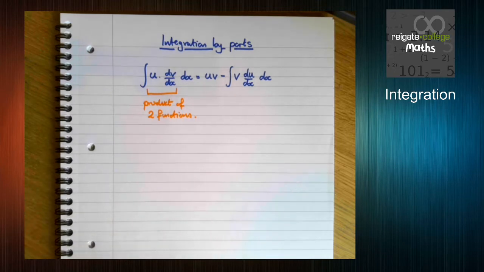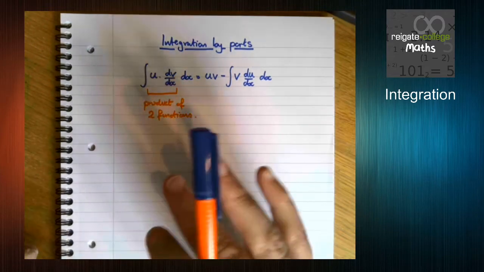Maybe it's that there's two polynomial functions, one that differentiates nicely to the other, or something like that. In this case, this is very useful for when that doesn't work, or is unwieldy or unpleasant to do so. But do check, unless you are told to use by parts, check whether substitution works first, because it might do, but then again, it might not.